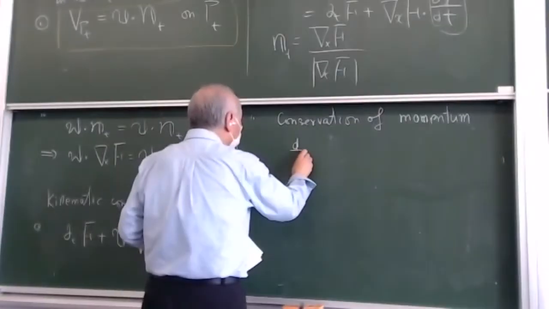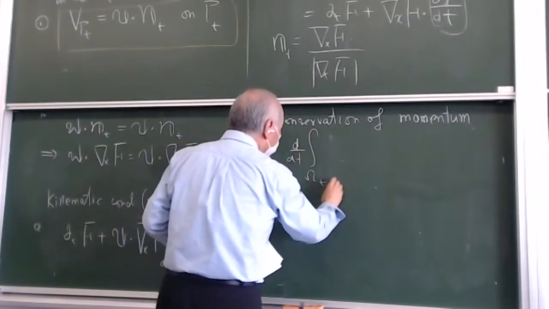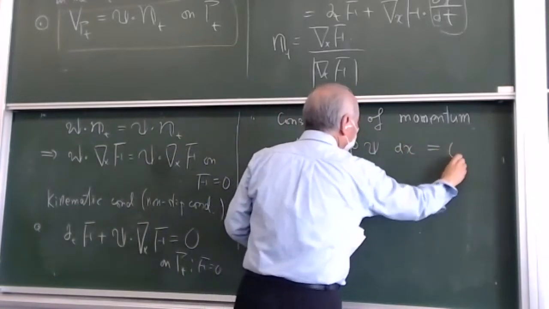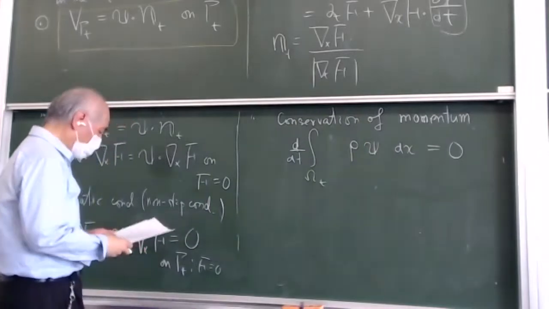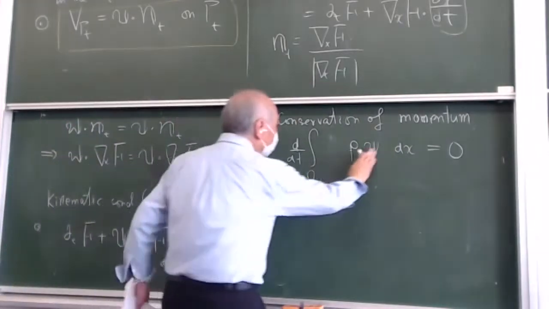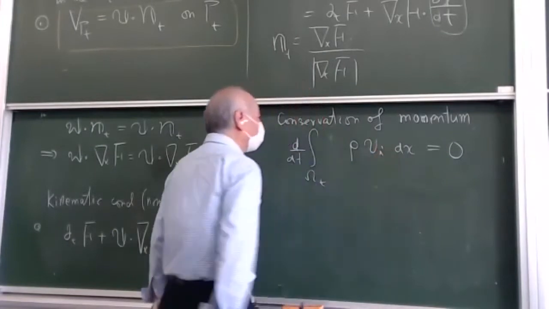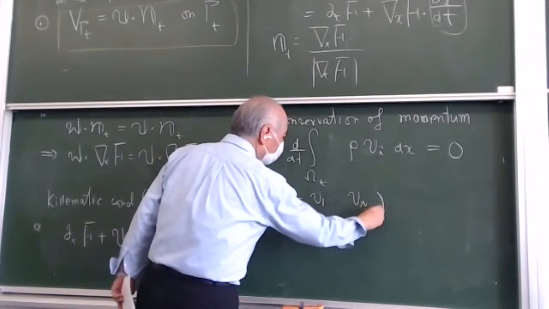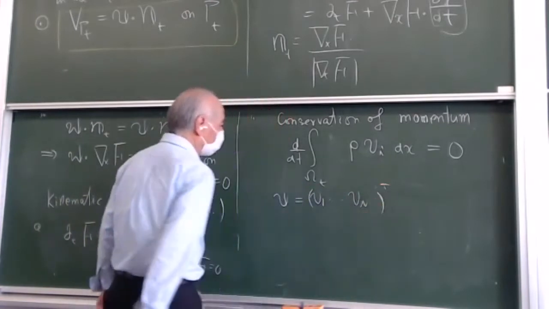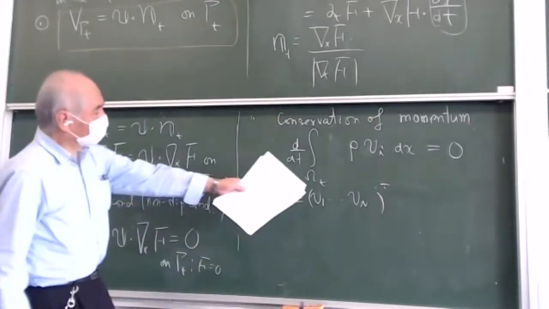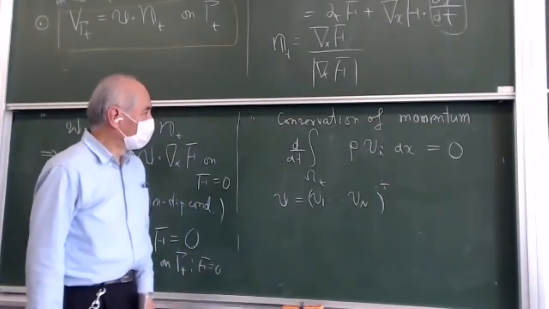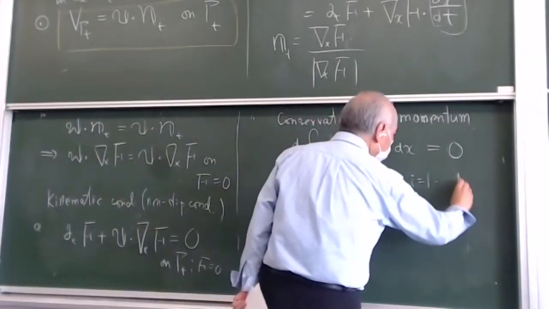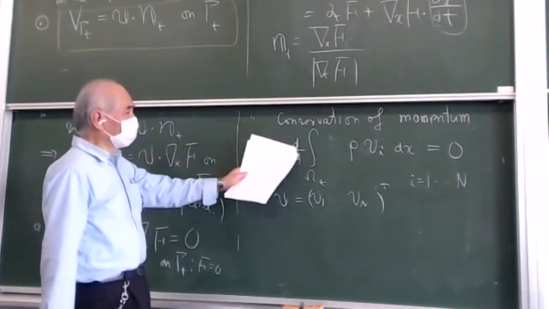So the formula is this one. Sorry, maybe for each component. So the velocity field of this is the representation. So Vi is the ith component of the velocity field V. This is the conservation of momentum.